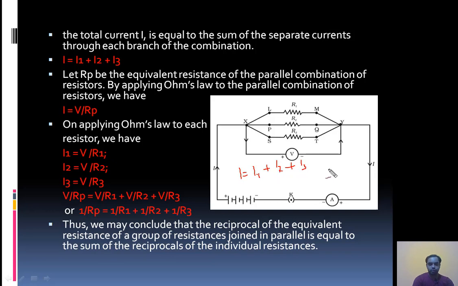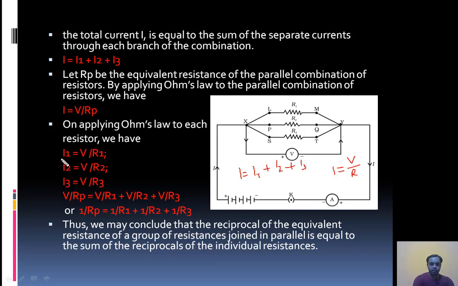So according to Ohm's law, what is I? I equal to V by R. According to Ohm's law, I is equal to V divided by R.